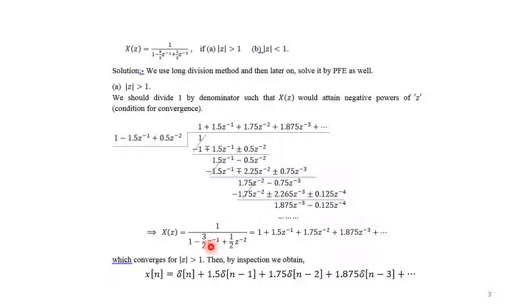Anyway, this continues like this, right? So we can generalize it, and we say X of z equals 1 over 1 minus 1.5 z inverse plus 0.5 z power minus 2. That's the given one. And using the long division, we get 1 plus 1.5 z inverse plus 1.75 z power minus 2 plus 1.87 z power minus 3, and so on.